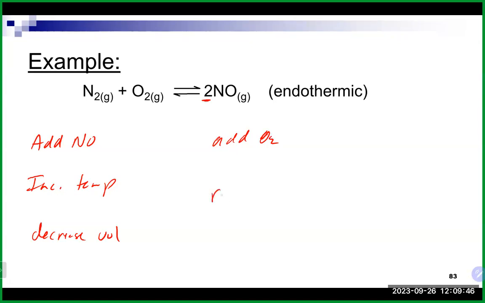We'll remove some N2. And we will decrease the pressure. All right, which ways can you go? Right, left, no change.